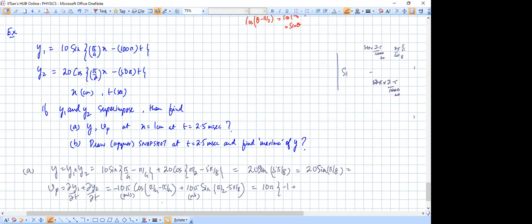Oh, this is directly pi by 8, is it? Now, similarly, this term will also have just a pi by 8 here.